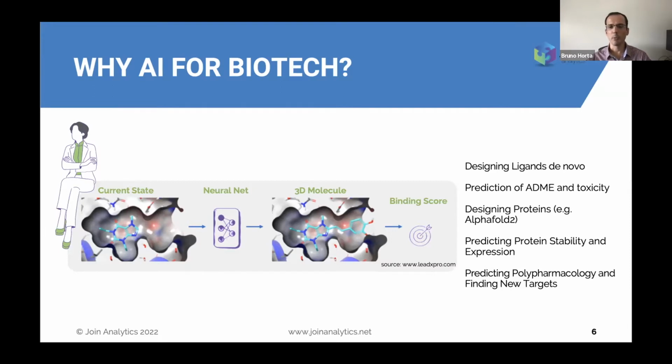Predicting protein stability and expression, predicting polypharmacology, that is drugs that can bind to multiple targets, and also finding new targets for diseases. So there are many different ways that biotech is benefiting from AI.